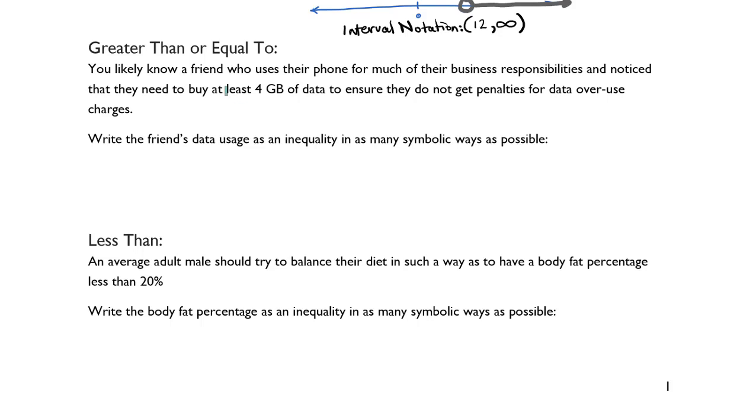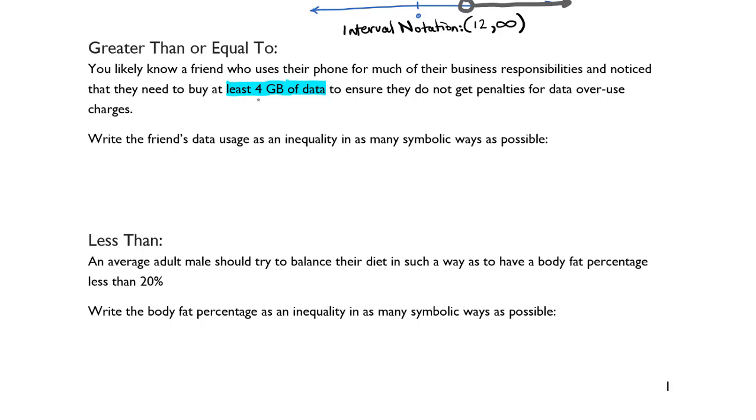So I'm going to highlight that part because that is the critical information that will allow us to write the inequality. Notice that it's at least, more than, less than or equal to, those are all words that define the type of inequality you're going to use. So if they don't want to get penalties for data overusage charges, they need at least 4 gigabytes of data.